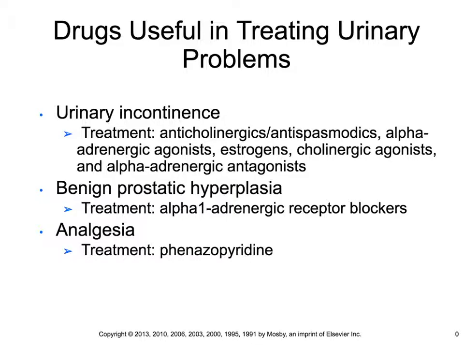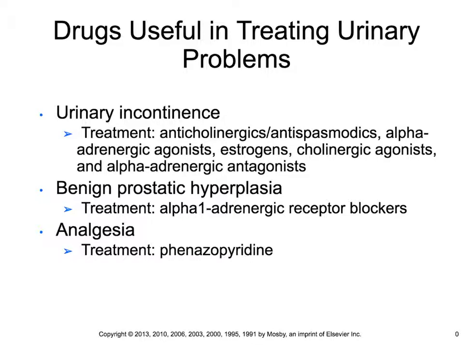Antispasmodic drugs directly cause smooth muscle relaxation. Estrogen can restore urethral mucosa and increase the vascularity, the tone, and the ability of the urethra muscle to respond.